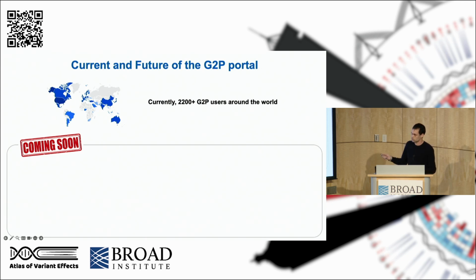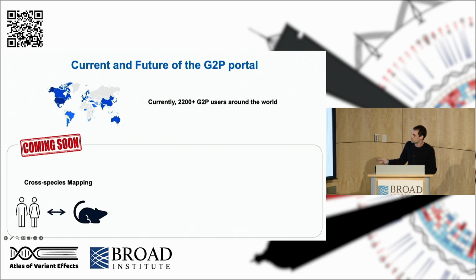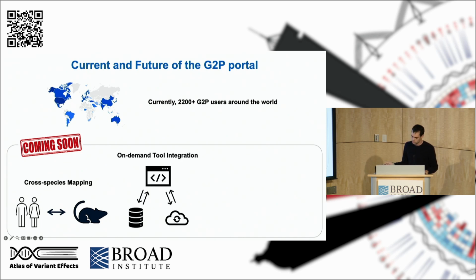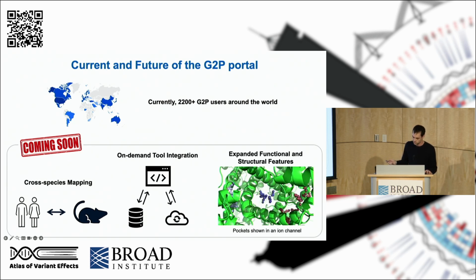First, we're working to add mapping across species, so you can conduct your screening on a different species data set and then map it over to human proteins. We're adding tool integrations, so you could do structure prediction, pocket prediction, or mutational impact prediction from the portal, and then view the data on the structure. And finally, we're always adding new data sources. Right now, we're working on adding protein-protein interaction sites and pocket annotations.